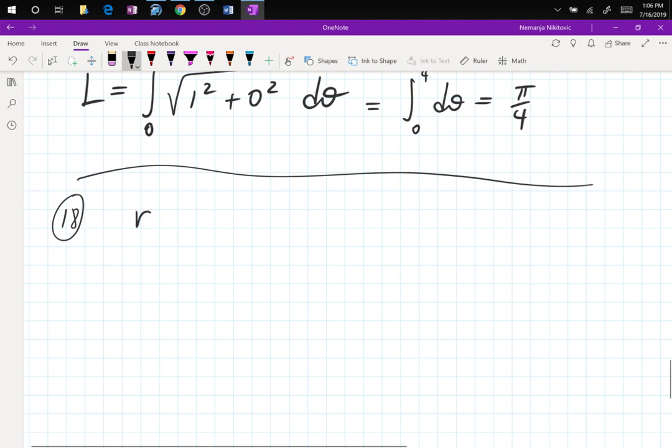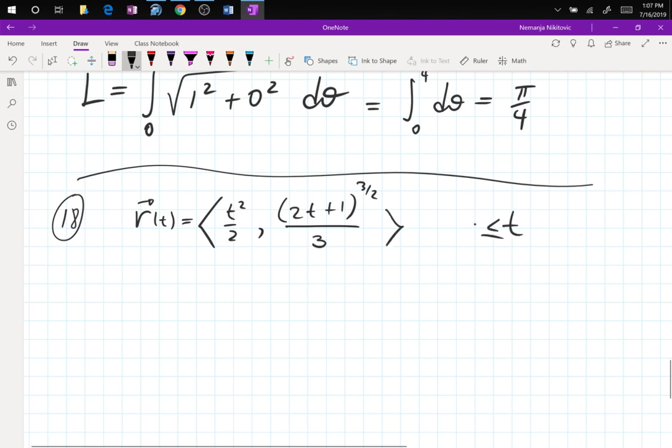says that r of t is given as t squared over 2 and (2t plus 1) to the 3/2 divided by 3, and t is between 0 and 2. All right, let's take a look at this together.